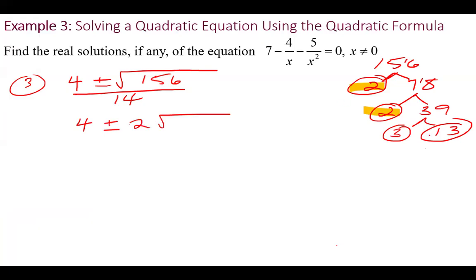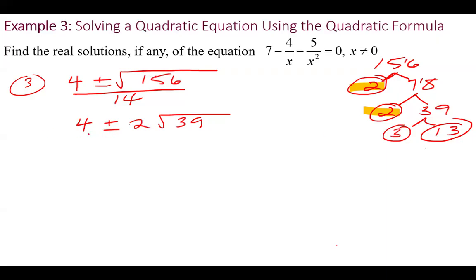And then what's left on the inside? 3 and 13. 3 times 13 is 39. You do not have to be a super genius. You just start at the bottom of your primes, 2, 3, 5s, and divide your way till you can't anymore.